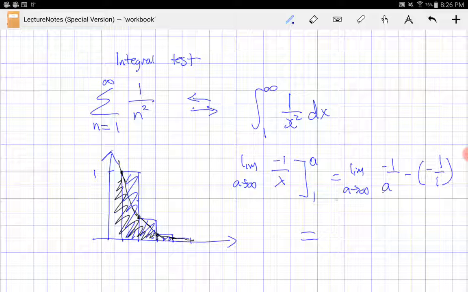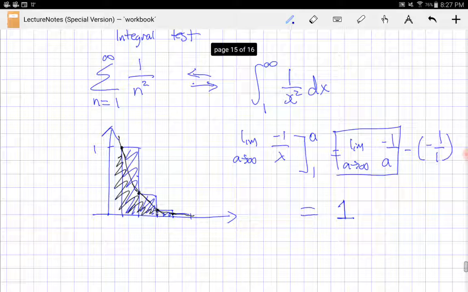As a goes to infinity, negative 1 over a goes to 0. 0 minus negative 1 is equal to 1. This gives us a finite number, which means the integral converges, and that also means that the series converges.